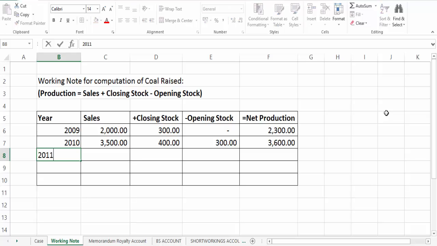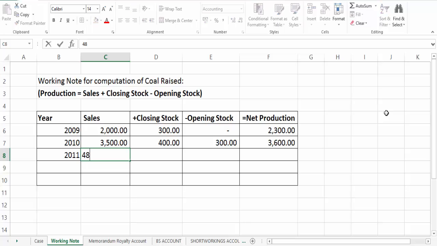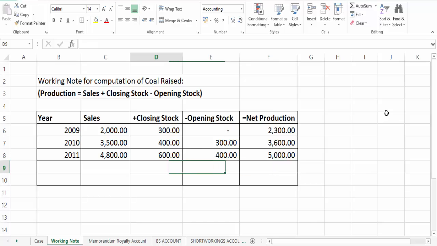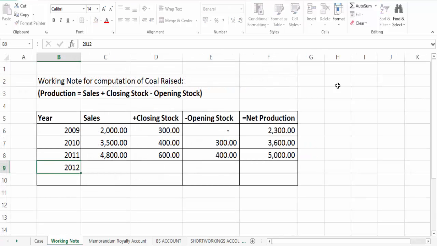Moving on to 2011, sales is 4800, then closing stock is 600, opening stock automatically we can pick up, which is 400. So net production is 5000. Moving on to 2012, sales is 5600.